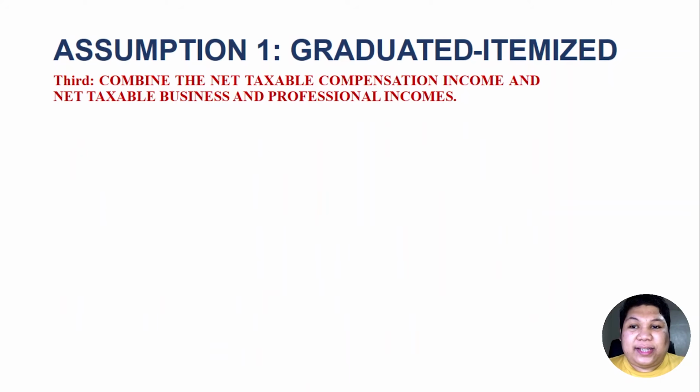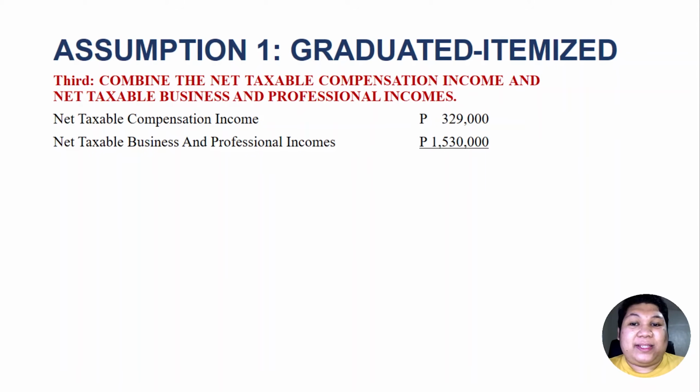For our third step, we will combine the net taxable compensation income and the net taxable business and professional incomes. So combining them together, our net taxable compensation income was 329,000 pesos and our net taxable business and professional incomes of 1,530,000 pesos.